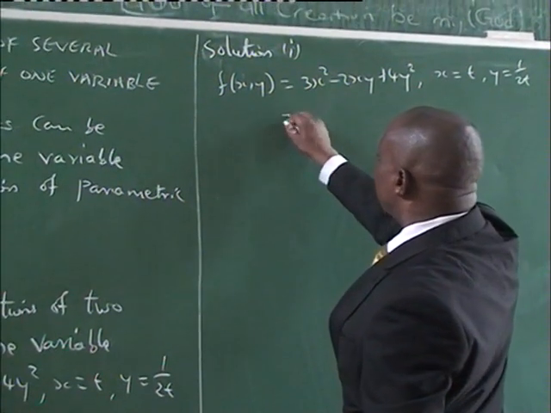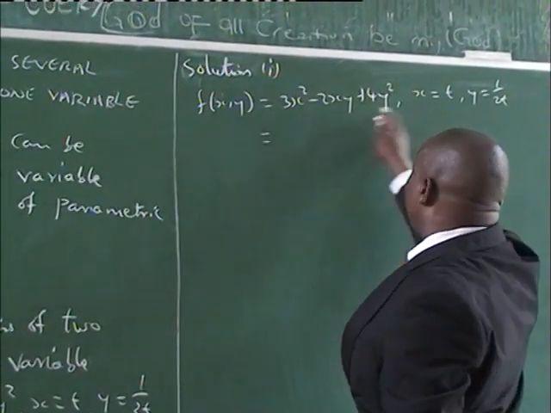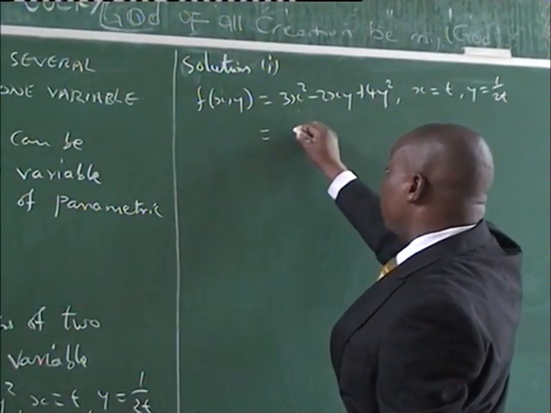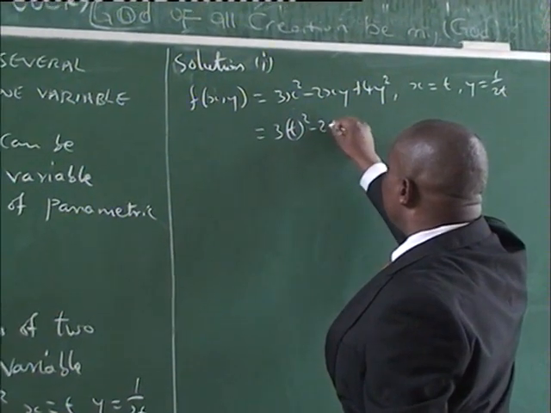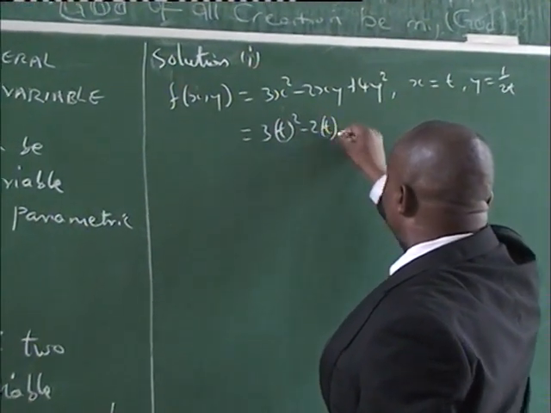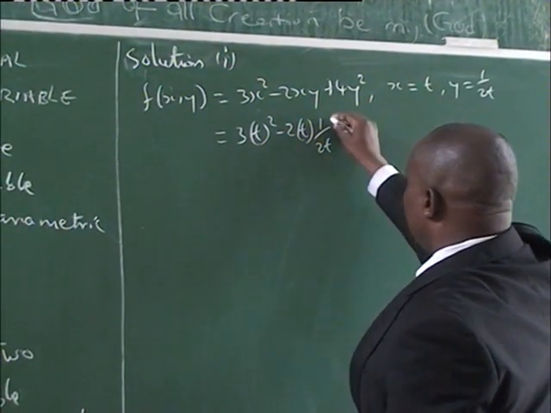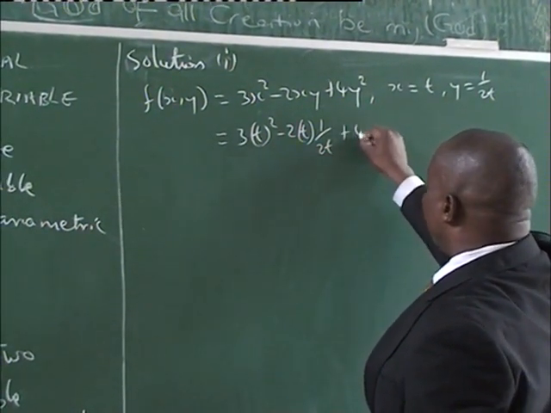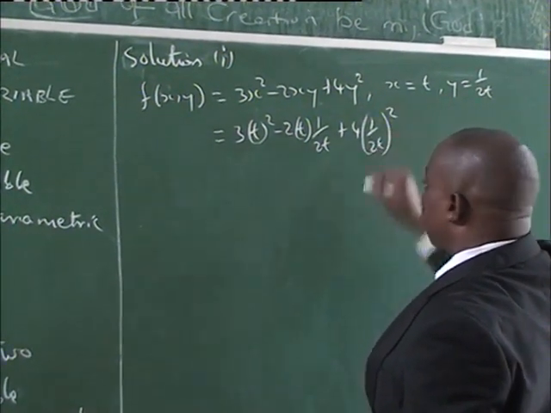So what it means is that in every place of x, we will have t. And if we do that, we have 3t squared minus 2t, then we have 1 over 2t in the place of y, and then we have 4 times 1 over 2t squared.